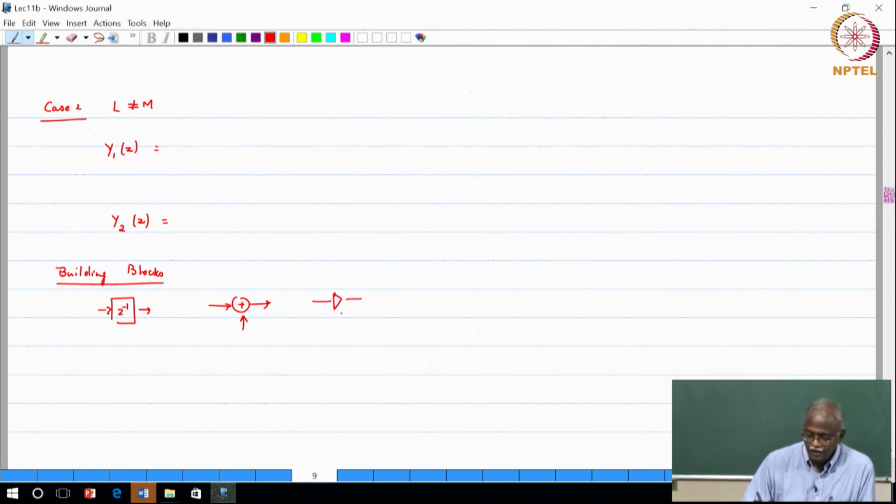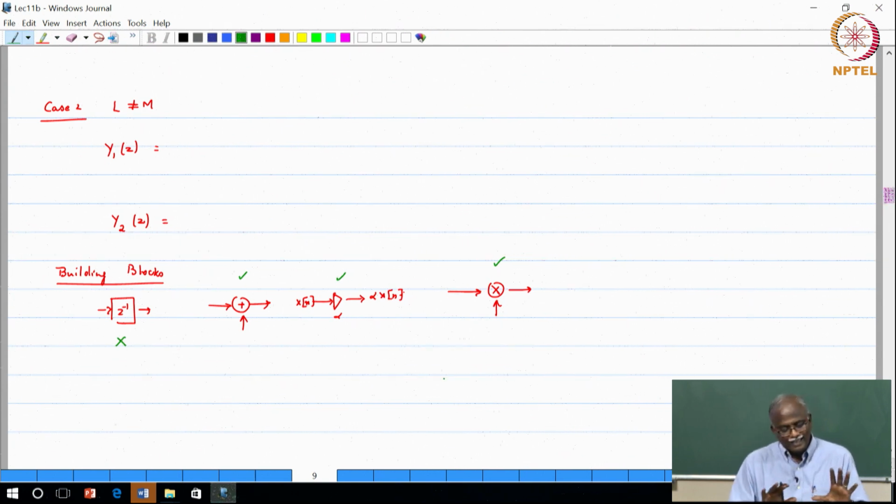If this is x of n, this is alpha times x of n, a scale factor. So, this is input and output, and of course, you would have also encountered multiplication. This block we have to leave out because we are dealing with time varying blocks. So, delays is actually going to cause a problem. Now, this block does not cause any problems in a multi-rate context, this one does not cause any problem, this one does not cause any problem.